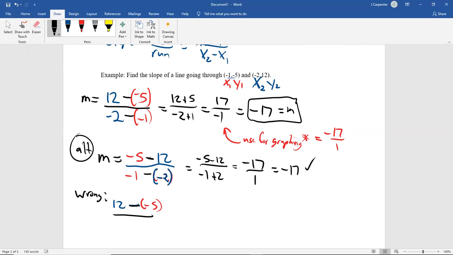I'm not going to be consistent. So I'll do negative 1, that's the x1, minus negative 2, which was the x2. See, the color is showing you I wasn't consistent in the order. That's 12 plus 5 over negative 1 plus 2, which is 17 over 1, which is 17.